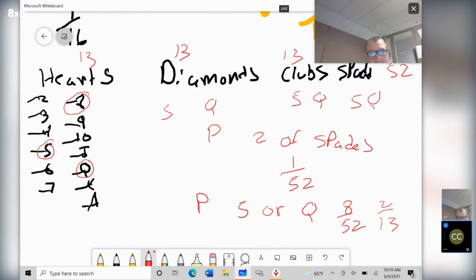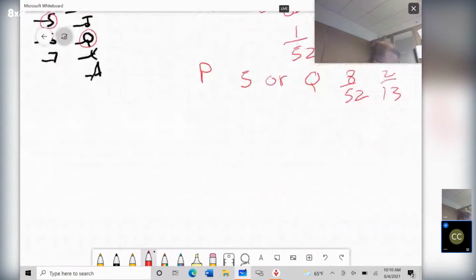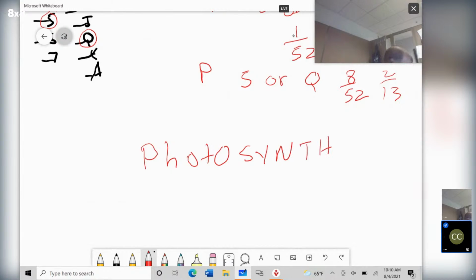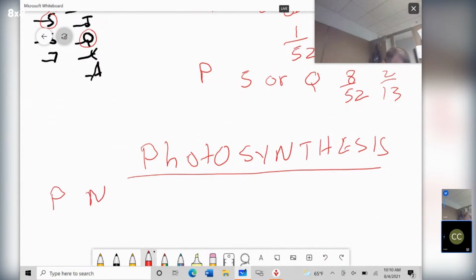Let's do one more that's going to be on the homework. So say you get the word photosynthesis. What's the probability, if I say, of picking an N in that word?